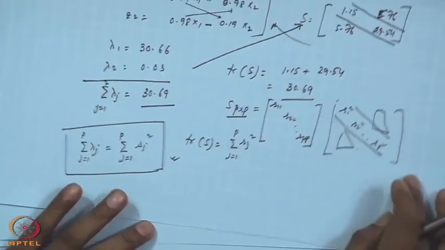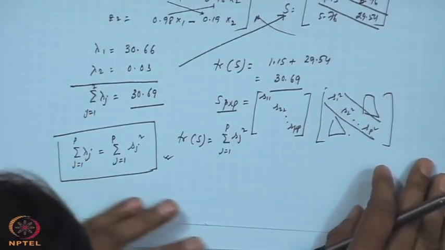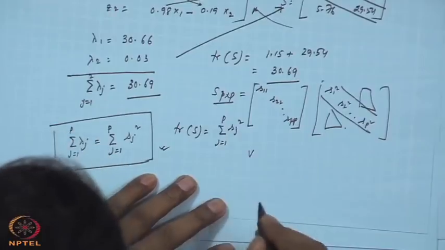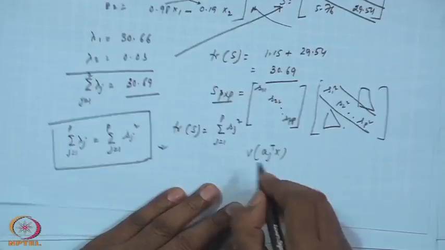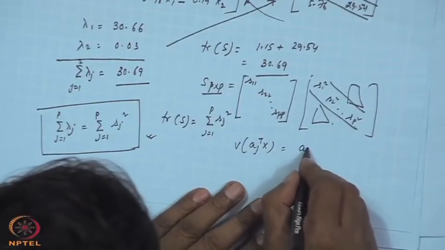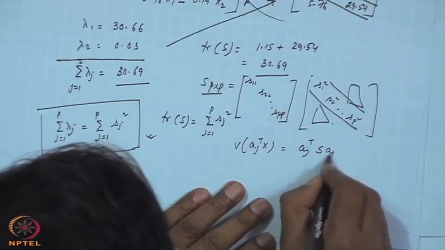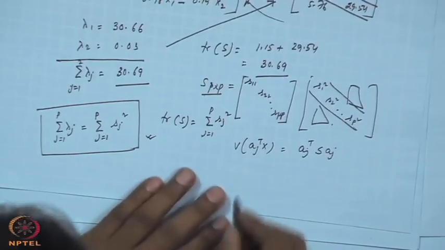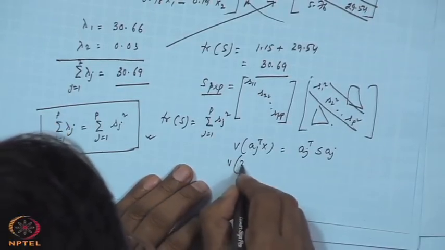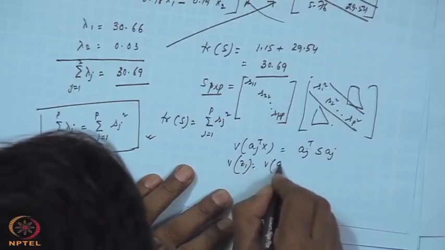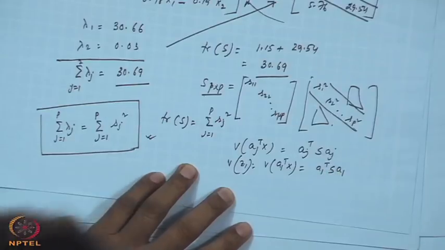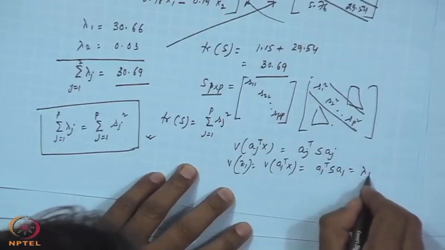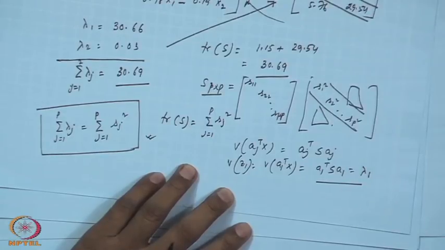Okay. And you have already also found out one another thing. Suppose I say that variance of Aj transpose x, this one also we found out, is Aj transpose S Aj. So, now if I want to know what is the variance of Z1, that will be variance of A1 transpose x, which is A1 transpose S A1. It should be lambda 1.